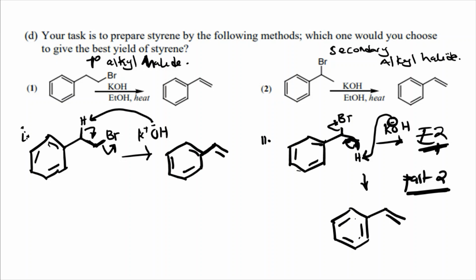So this reaction mechanism would produce a lot of styrene compared to this reaction mechanism. Why? Because this is a secondary alkyl halide which favors E2 reactions more than SN2 reactions, and this is a primary alkyl halide which favors SN2 reactions more than E2 reactions, and we want to produce this product by an E2 reaction. So we're going to prefer using a secondary alkyl halide compared to a primary alkyl halide.